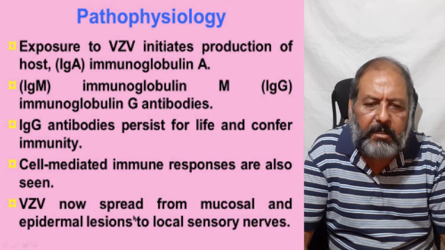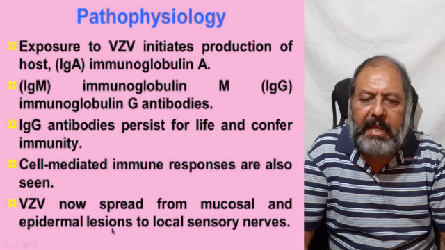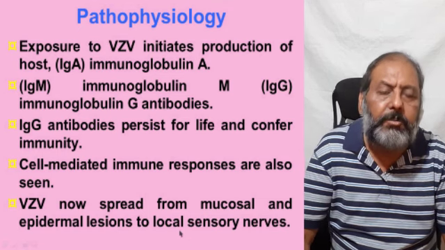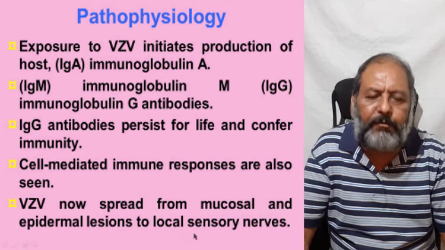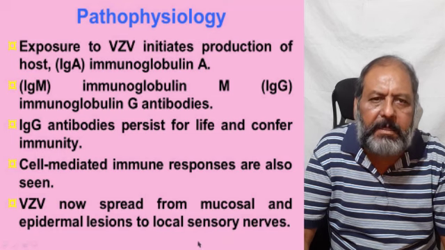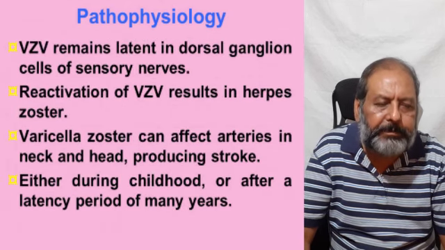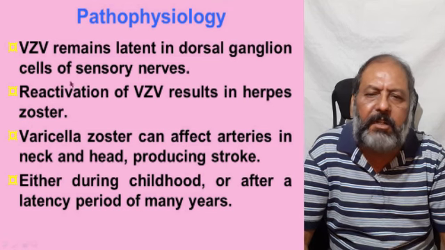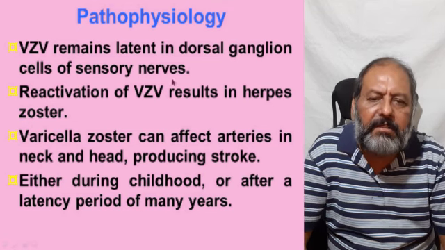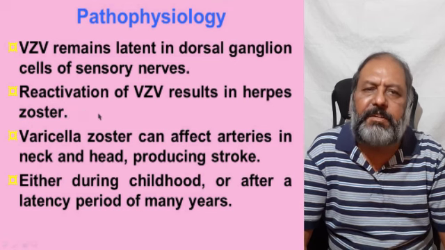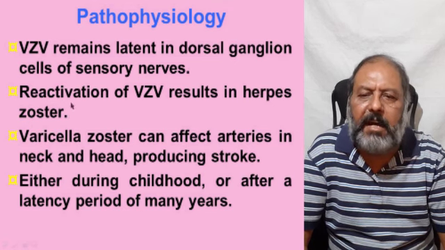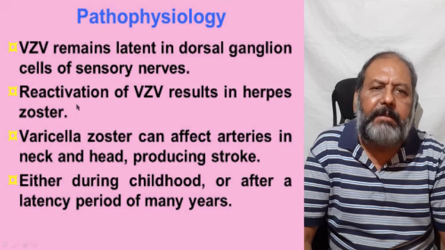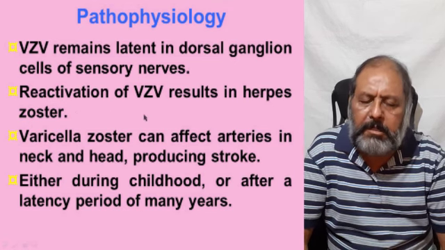Varicella zoster virus now spreads from mucosal and epidermal lesions to the local sensory nerves, as I have shown you in the figure, and from the sensory nerve it appears in the epidermis as the lesions. VZV remains latent in the dorsal ganglion cells of the sensory nerves, and reactivation of the VZV results in herpes zoster, or shingles, later in life when they lie there in dormancy.